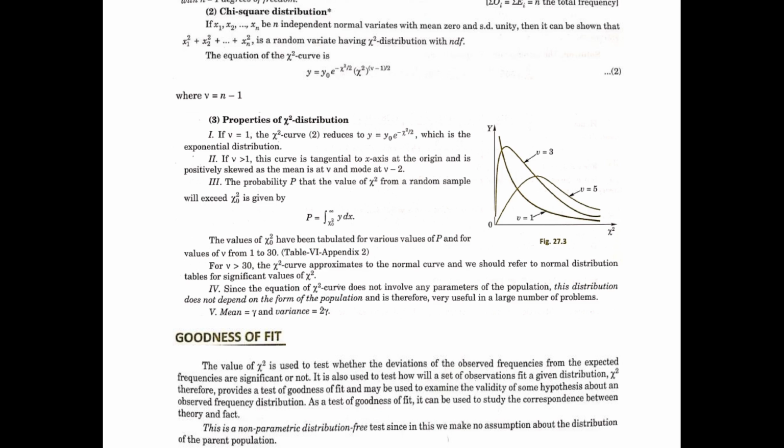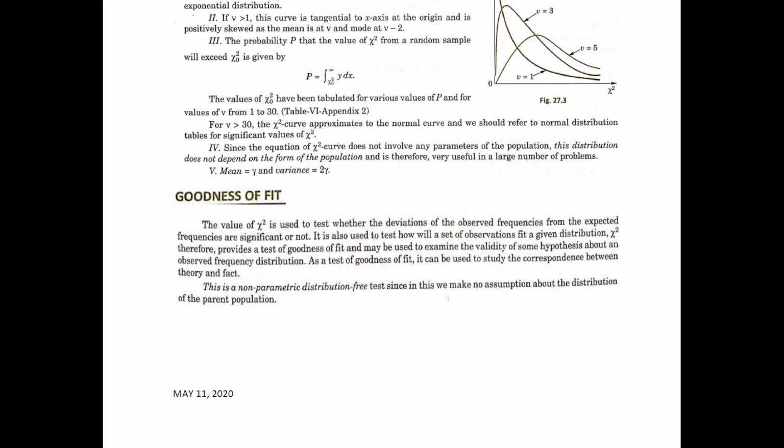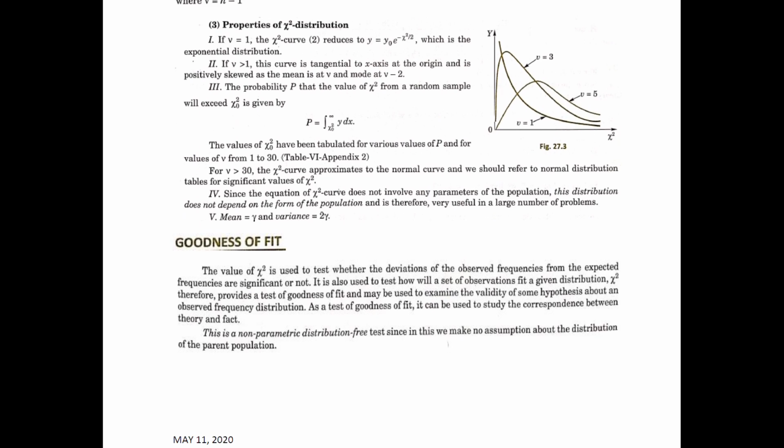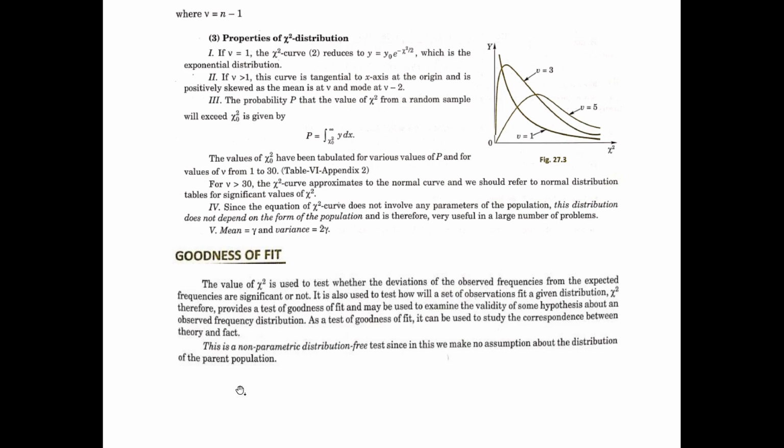Let's discuss goodness of fit, and why this chi-square quantity is required. The value of chi-square is used to test whether the deviations of the observed frequencies from the expected frequencies are significant or not.